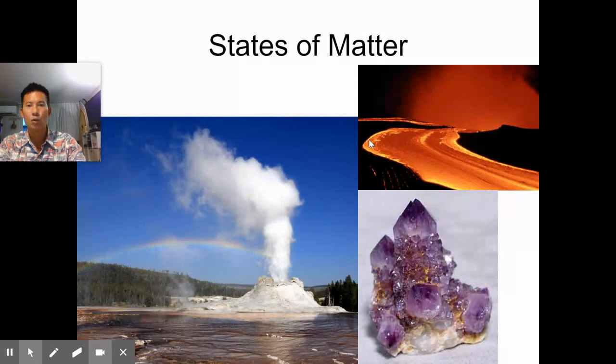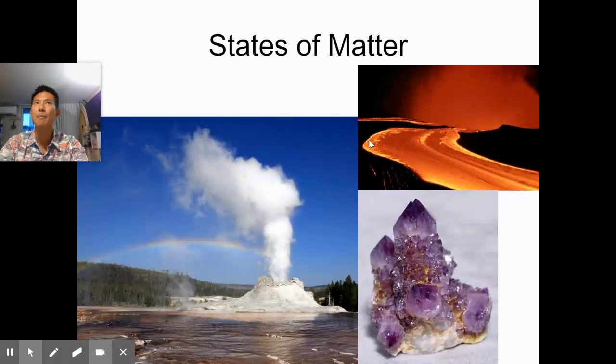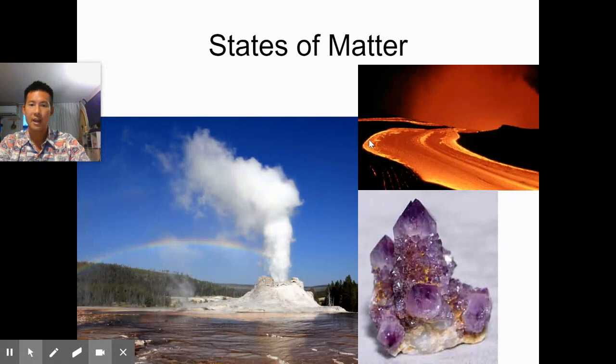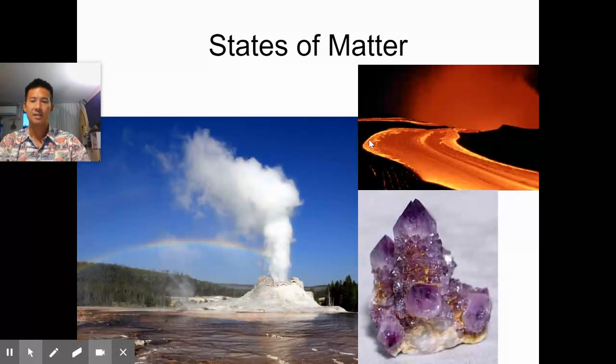It's kind of funny. In the whole universe, the most common state that matter exists in is actually plasma. However, on the planet, it's mostly solid, liquid, and gas. Speaking of the universe, think about stars. Stars are matter as well as energy, and the matter exists in the state of plasma.